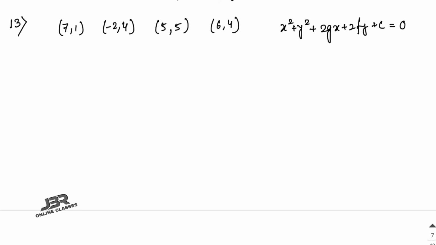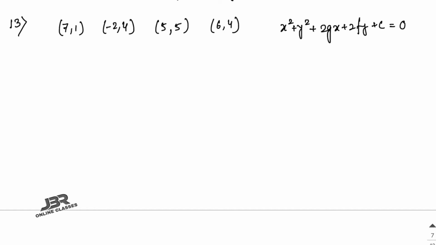Now if the first 3 points satisfy the equation, then definitely the fourth one will also satisfy the equation. So do one thing, first put down the first value, 7, 1.